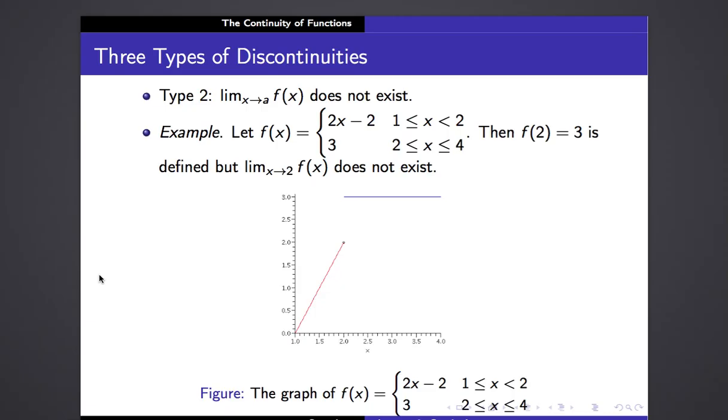Whenever x is greater than or equal to 1 and less than 2, it is defined to be 2x minus 2. When x is greater than or equal to 2 and less than or equal to 4, it is defined to be the constant function 3.